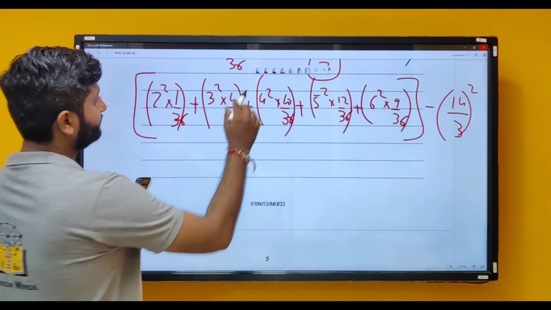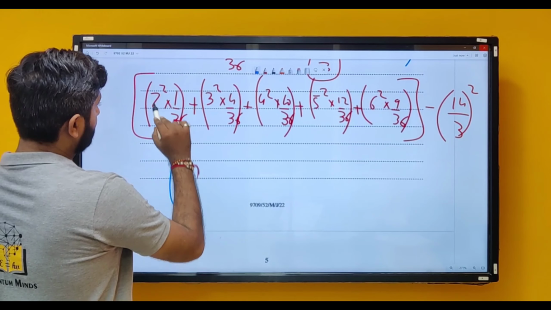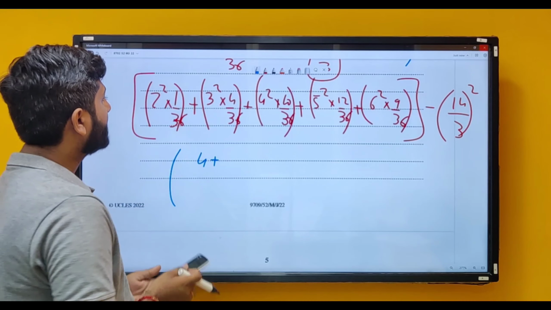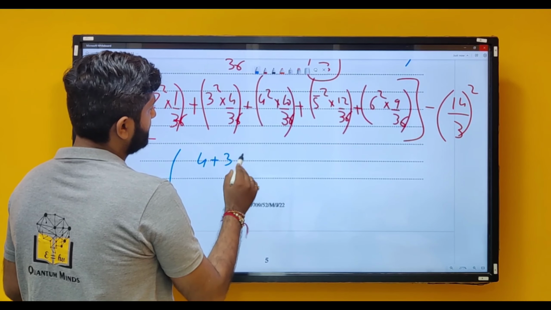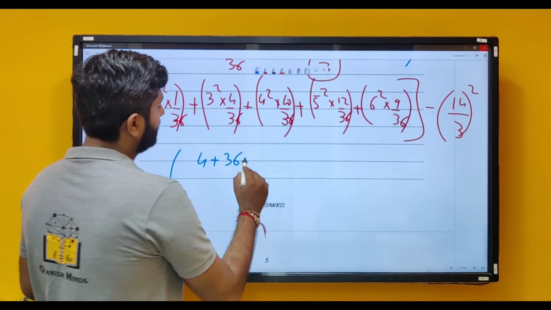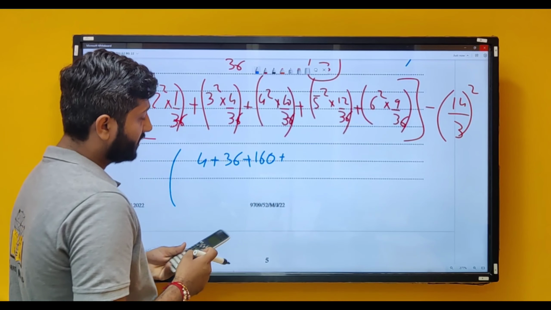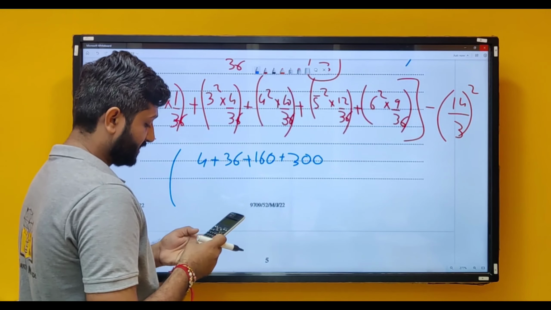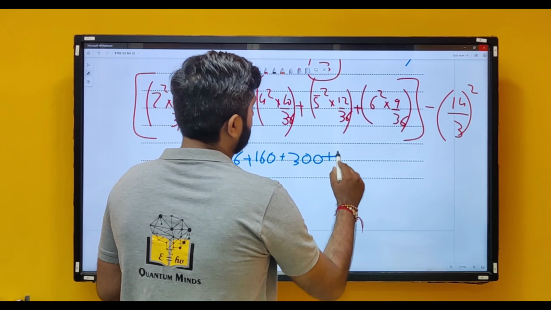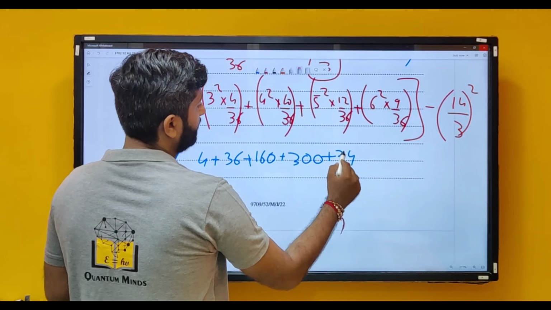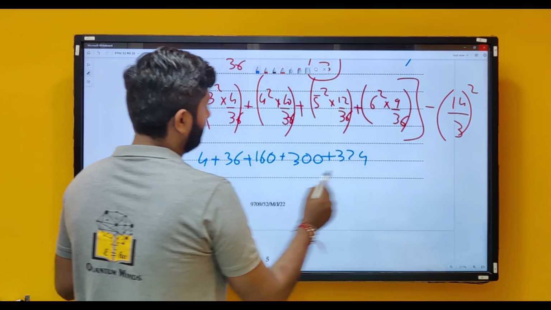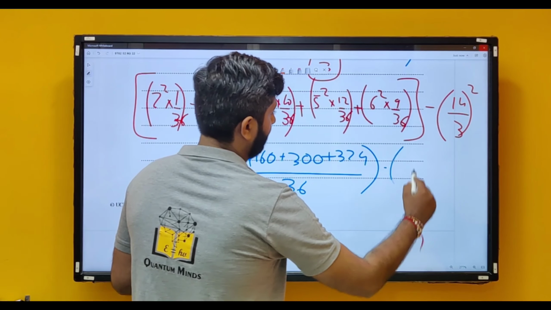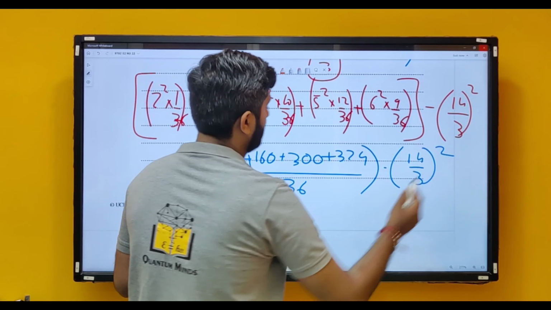So I think you have 2 square is 4, right? 4 plus 3 square is 9, 9 4s are 36, 4 square is 16, 16 into 10, 160, 5 square is 25, 25 into 12 should be 300, yes. 6 square is 36, 36 into 9 is 324, 324 upon 36 minus 14 by 3 square.